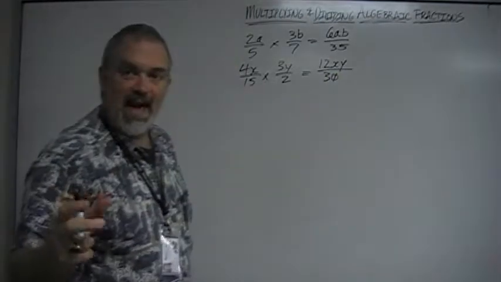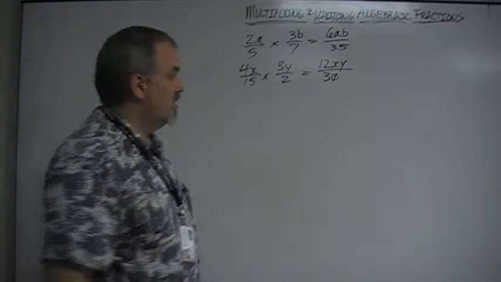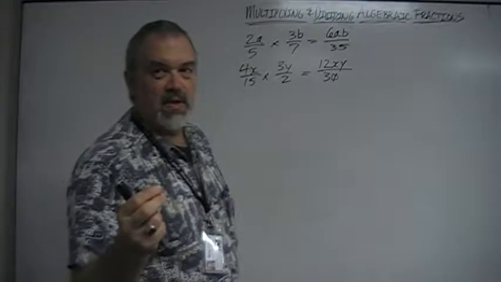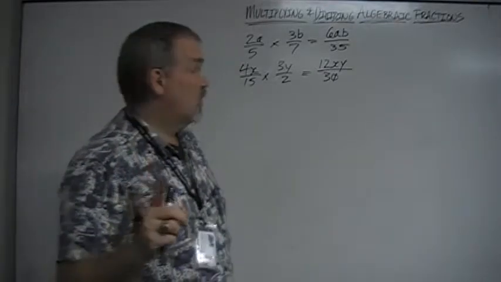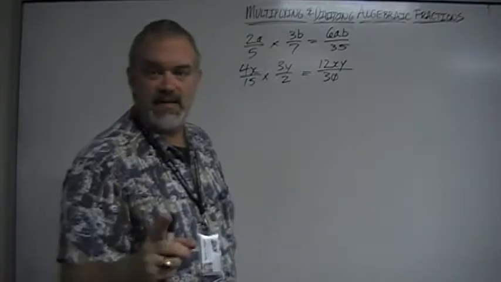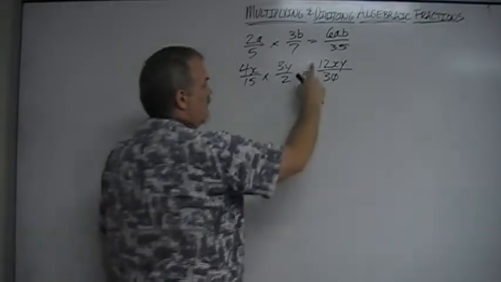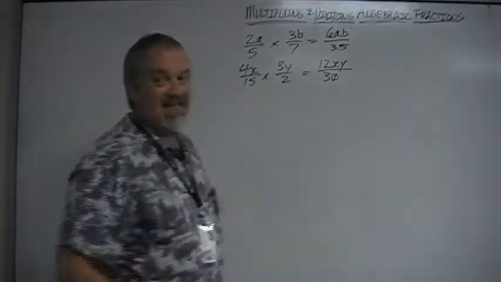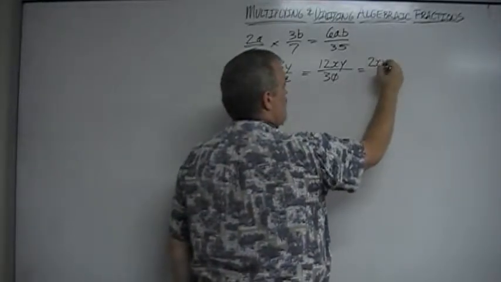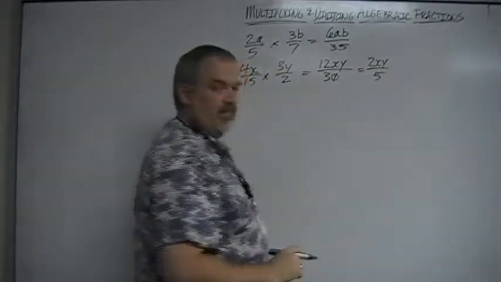But remember, we have to cancel the factors. So, 12 over 30, is there a number that goes into both of those? Yes, there is. 2. Actually, 3 does as well. Actually, 6 does. So we can divide this and this both by 6, and it becomes 2xy over 5.